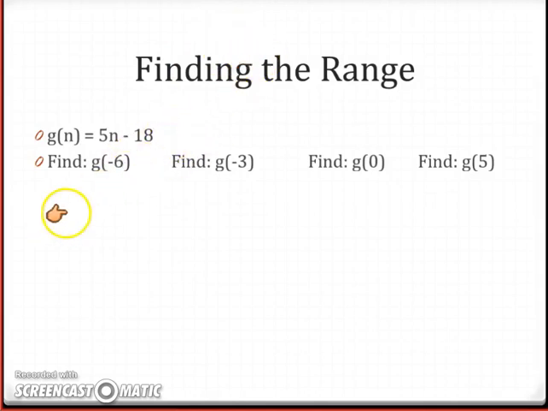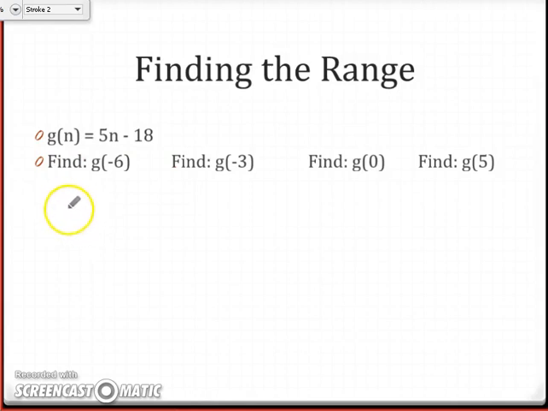Another way to look at functions, still finding the range: in these examples, they're telling you to evaluate the function g when n equals -6. The number in parentheses is telling you what to replace that variable with.